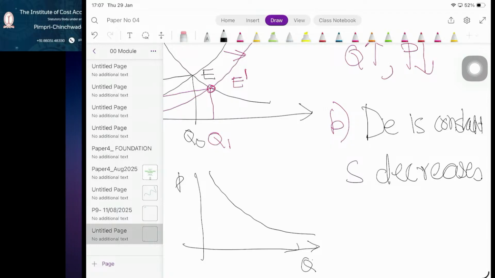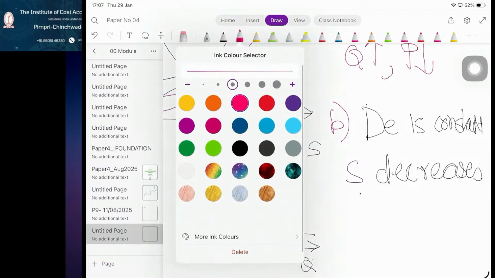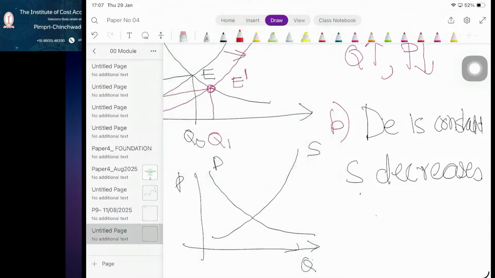You have a demand curve like this, which is not changing. Supply is like this. Now we are told that the new supply curve decreases. So draw the graph something like this. Decrease means there's a left shift.